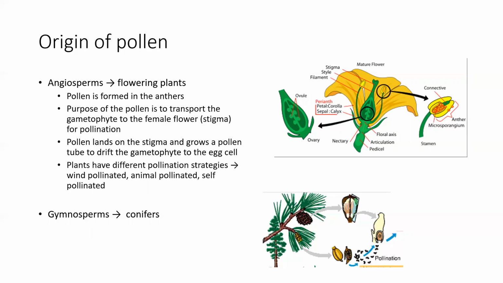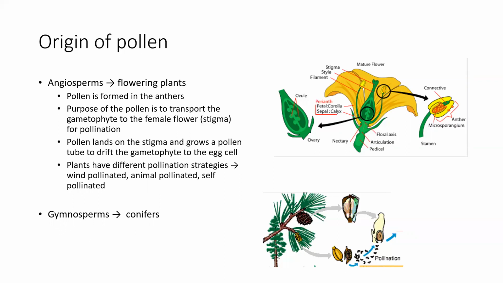And the amount of pollen that plants produce differs from species to species, also from habitat to habitat. There are different pollination strategies, which also affect the amount of produced pollen. There can be wind pollinated, which is usually transported through air, through wind, animal pollinated, and then self-pollinated.